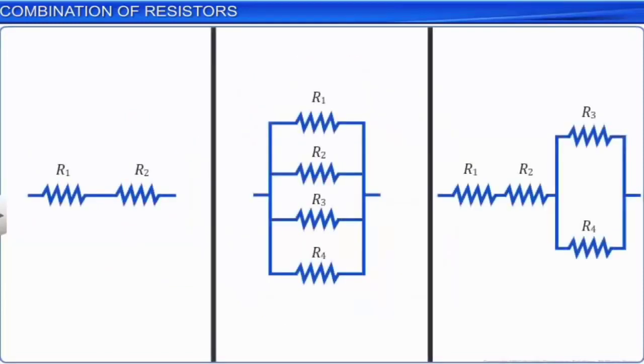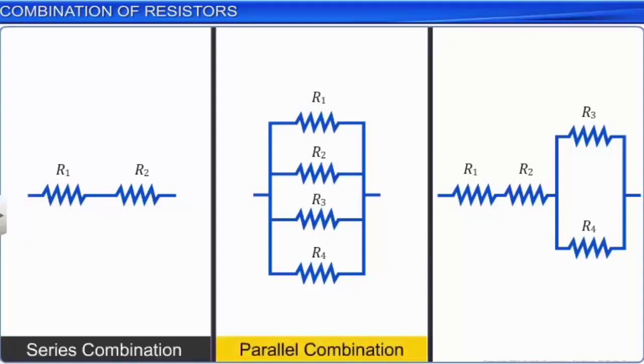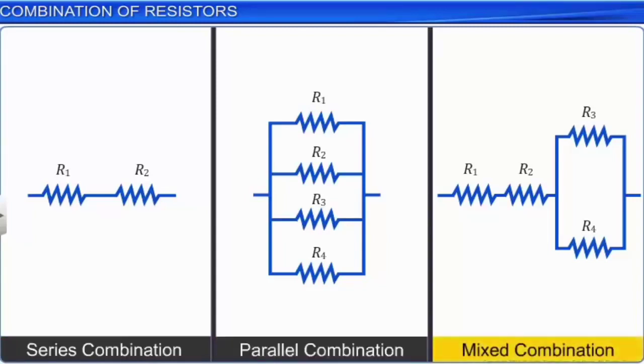Resistors are joined together to form various types of combinations to obtain the required resistance in the following three ways. 1. Series combination. 2. Parallel combination. And 3. Mixed combination made up of both series as well as parallel combinations of resistors.